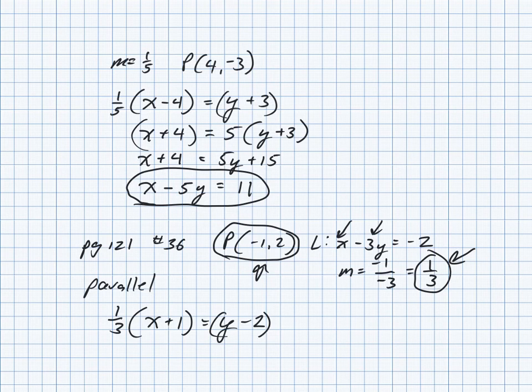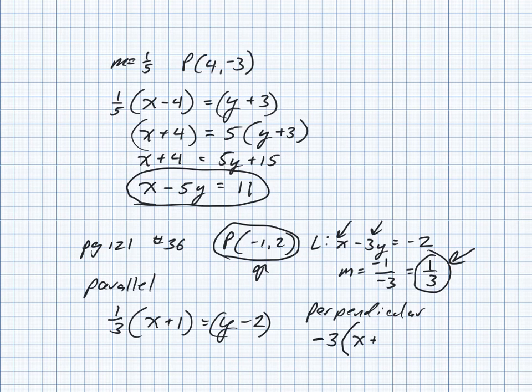The perpendicular line will be a slope. We take the 1/3, we flip it and make it the opposite sign. So it's a positive, we're going to make it a negative. 1 over 3 flipped is 3. So the perpendicular line will have a slope of 3, and then we just plug in the point again.